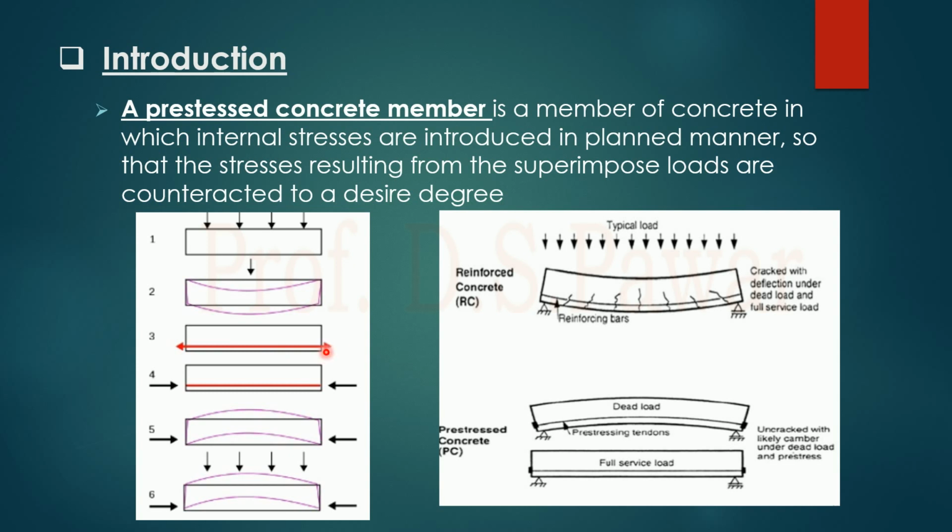If you see figure number 4, if you press this beam at the two corners, the behavior of the beam is like this. This diagram is exactly opposite to the bending moment diagram. Then you take this beam, place it on the site, and then apply the load.